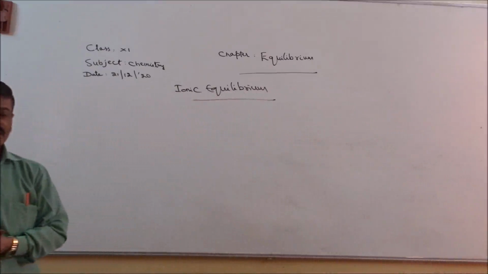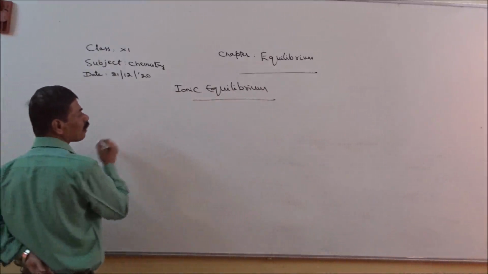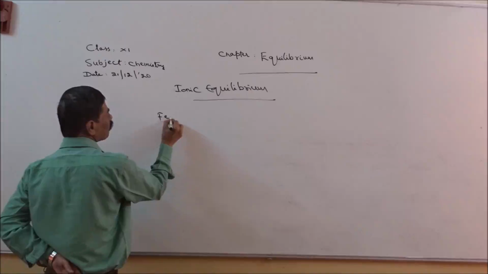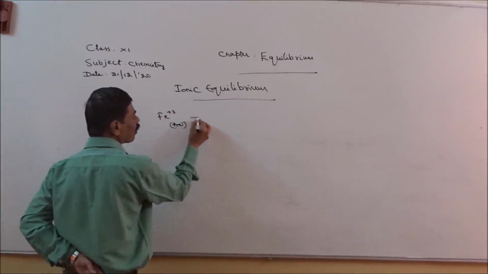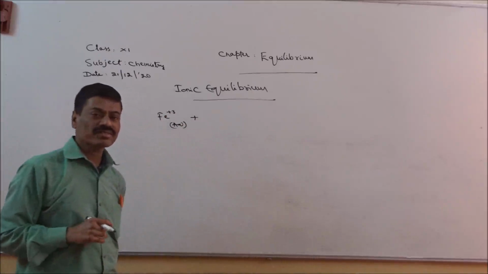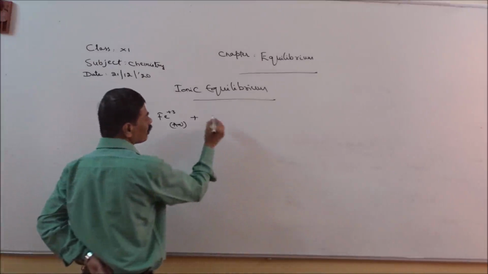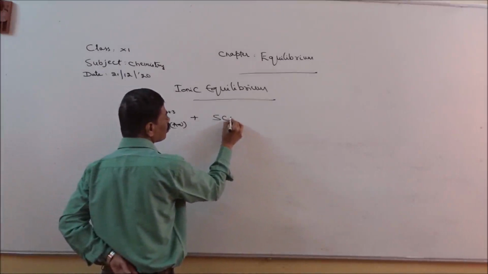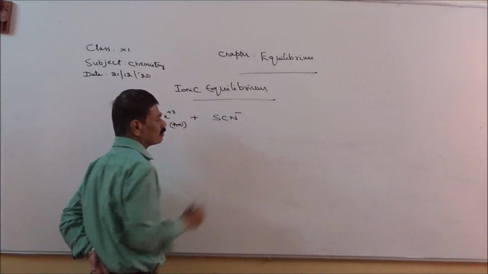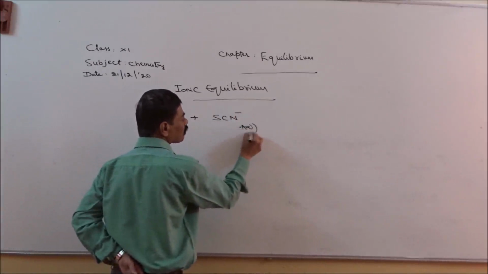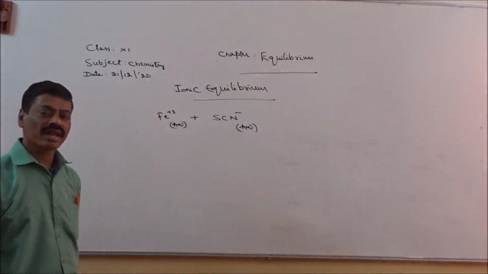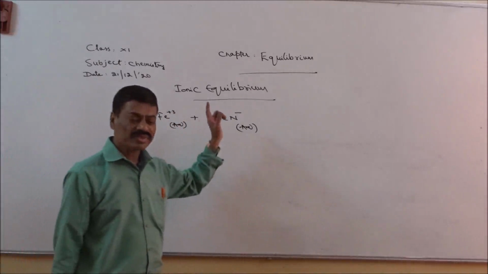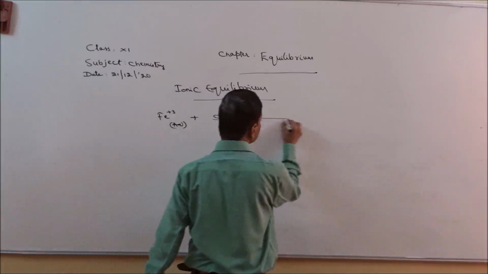Now let us see which are those ionic substances. Fe+3 is called ferric ion. Fe+2 is ferrous ion. Then this is treated with thiocyanide. Thio means sulfur, and the N in cyanide means nitrogen. Then these two will react.